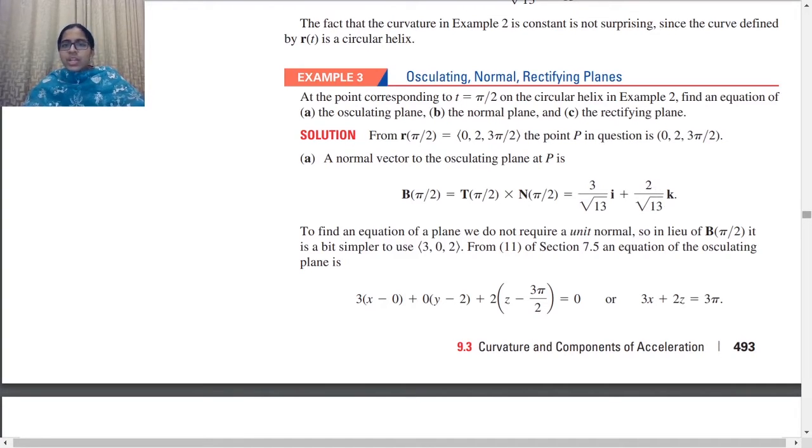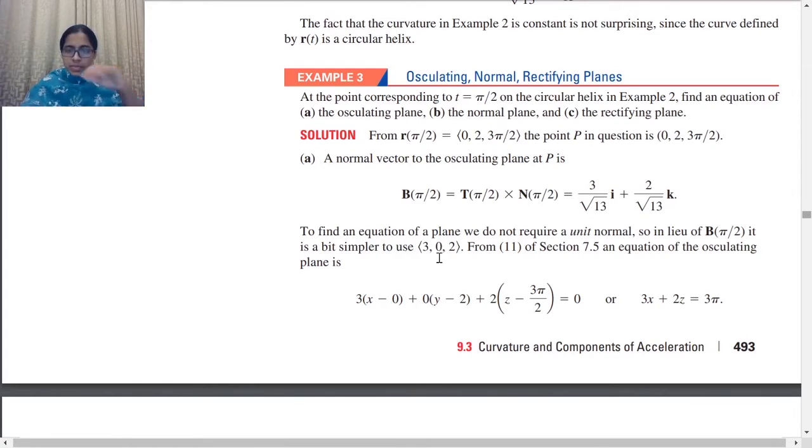So to define a plane, we are not going to consider the unit normal. We are just going to consider the numbers 3, 0 and 2. We are just removing the magnitude there. So we will consider B(pi by 2) to be the normal vector (3, 0, 2).